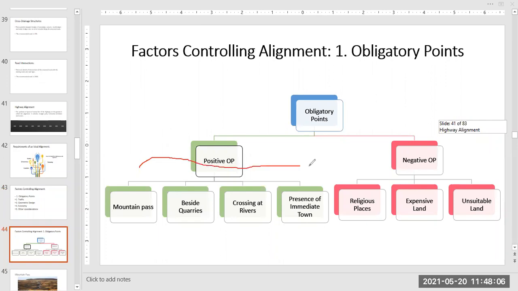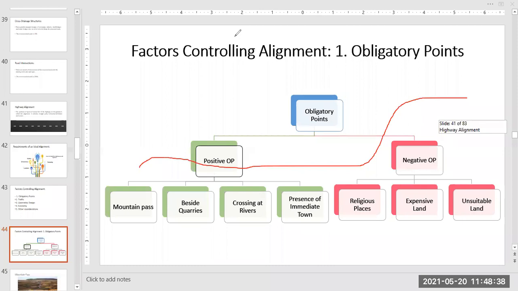When our road should not go through that point and should take a diversion, it is called a negative obligatory point. Now we are going to discuss them one by one.